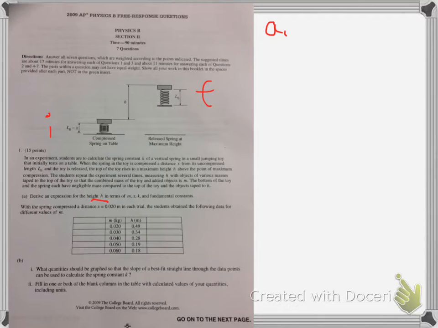Now, when they're giving us all these constants, this should probably remind you to use energy, because I think this would be pretty familiar to you. So if we look here, the initial energy is just our spring potential energy, and the final energy is gravitational potential energy.